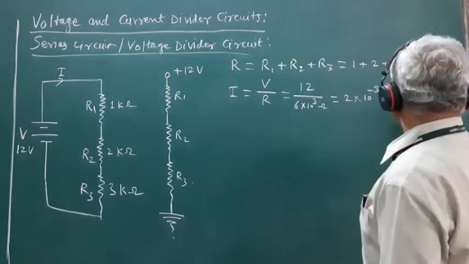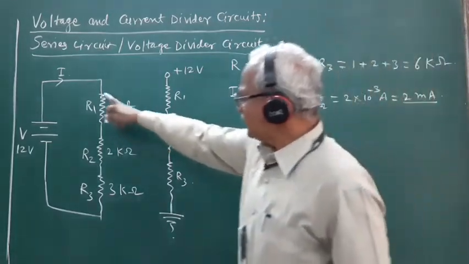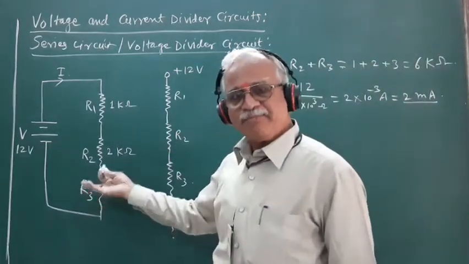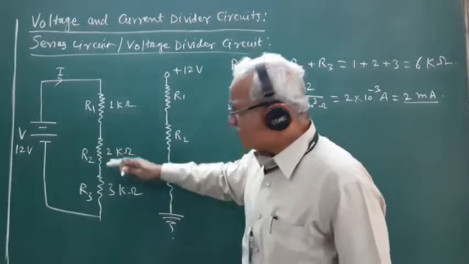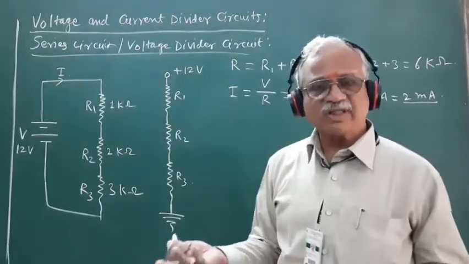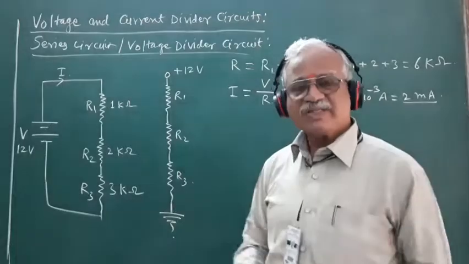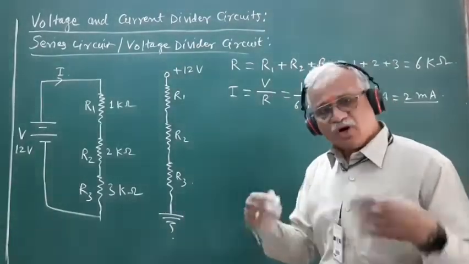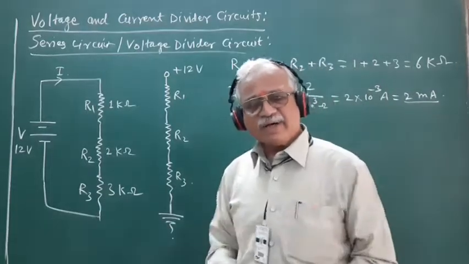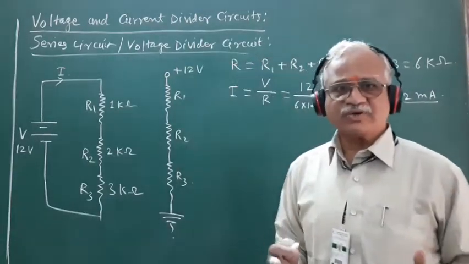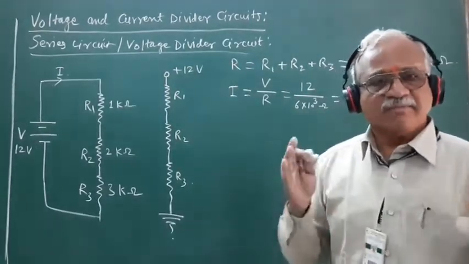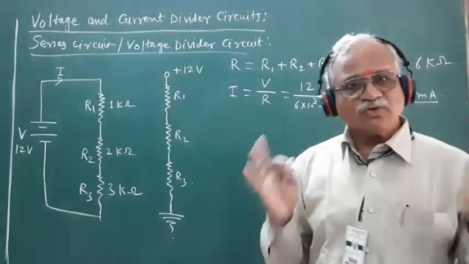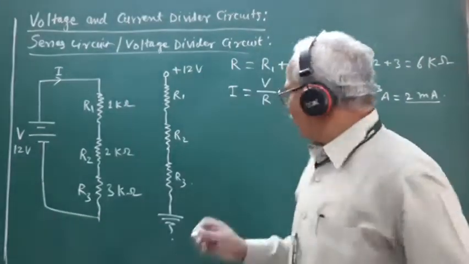We have calculated that the current flowing through each resistor is the same, and we know the values of these resistors, so we can calculate the potential drops across these three resistors by using simple Ohm's law. Or else we can find out the potential drops by using the proportionate voltage division formula.